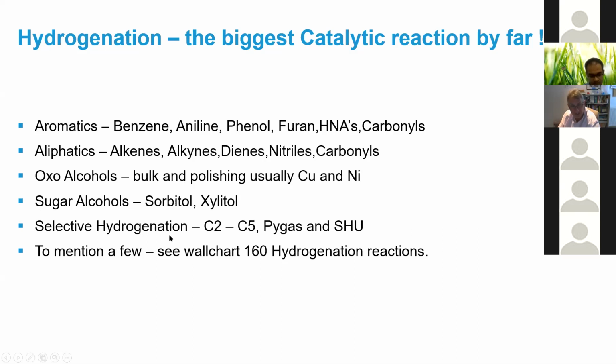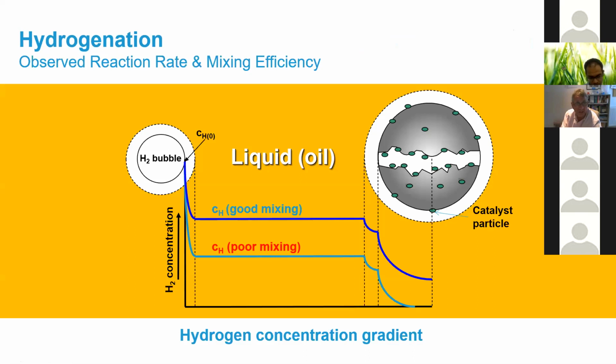Sorbitol, selective hydrogenations are again a very popular use of catalysts in the hydrogenation world. So Chris alluded to this again in his presentation, and here is the issue of mixing and mass transfer and trying to get gas, liquid, and solid material all together in intimate contact so you get a good reaction.